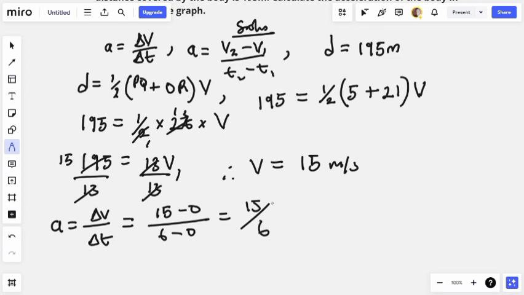If you do that math, this will be 2.5 meters per second squared. The unit of acceleration is meters per second squared. So the acceleration between points OP equals 2.5 meters per second squared.